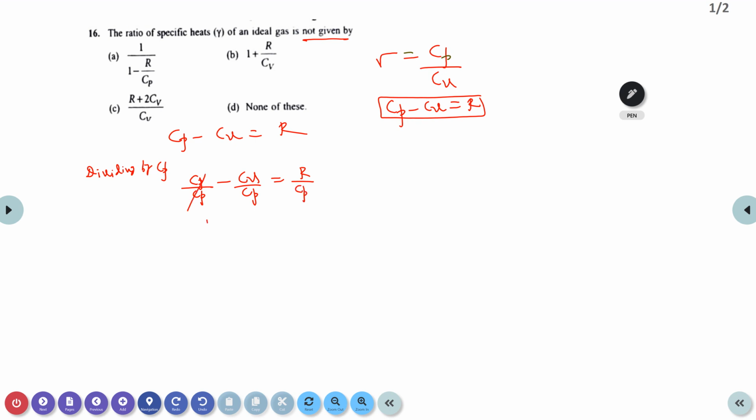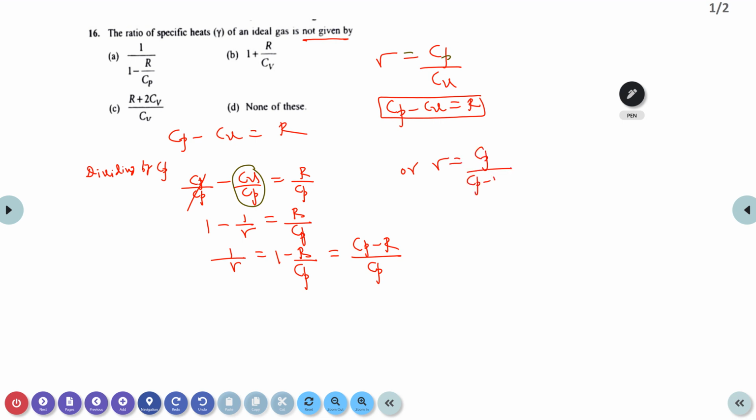Of course, this will be 1 minus 1 by gamma equals R divided by Cp. Rearrange the terms: 1 by gamma equals 1 minus R divided by Cp. Then simplify it. This is equal to Cp minus R divided by Cp. Or else we get gamma equals Cp divided by Cp minus R. This is the equation for gamma in terms of Cp.